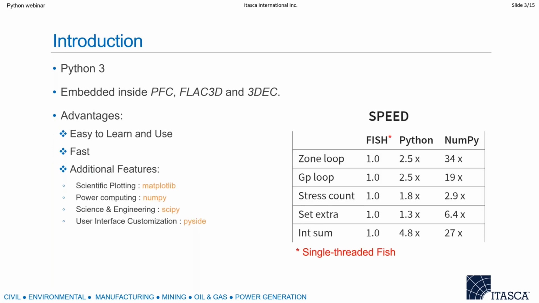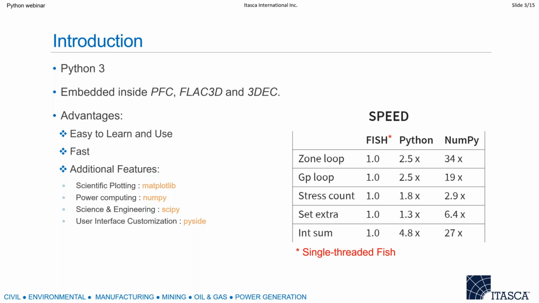Python is available inside PFC, FLAC3D, and 3DEC. It is Python version 3 in the latest versions of Itasca software. As you know, in Itasca software we have a built-in programming language called Fish. So why do we need Python? Python is a very popular programming language.